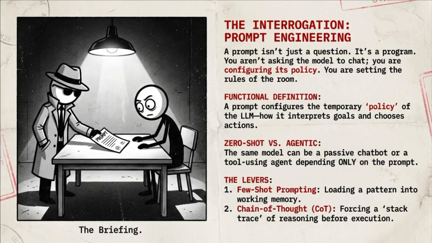The first is few-shot prompting, which involves loading specific patterns and examples directly into the working memory of the model. The second is chain of thought, where we force the model to generate a stack trace of its own reasoning before it attempts to execute a final action. This ensures the model thinks through the implications of its decisions before committing to them.